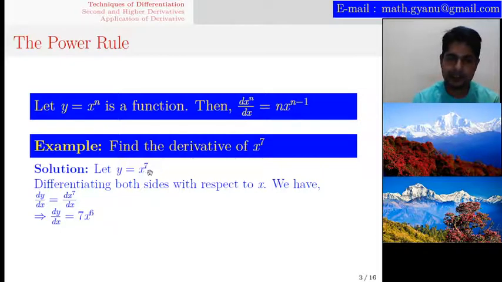So here the index number is 7, so 7 minus 1 is 6. Finally we have dy by dx equal to 7x^6. I think you easily understood this problem.